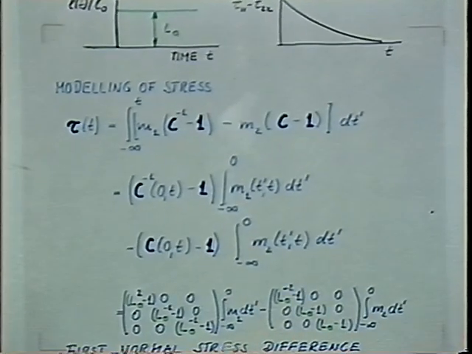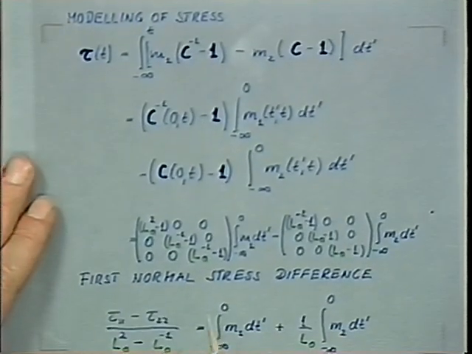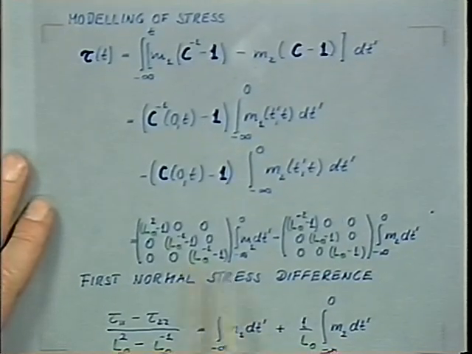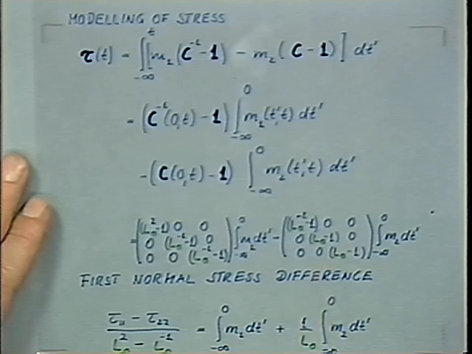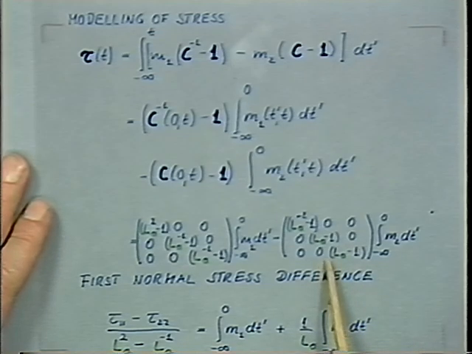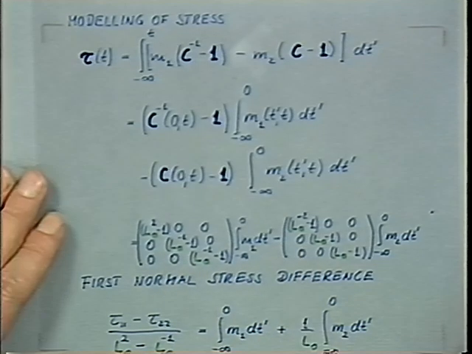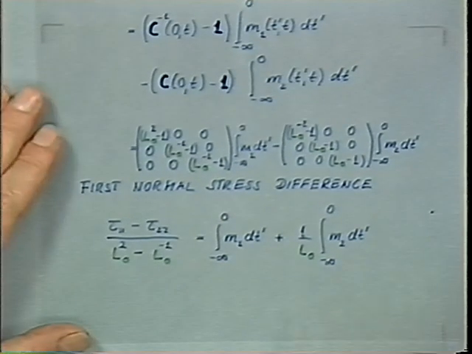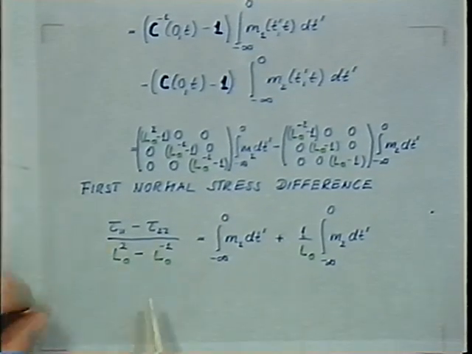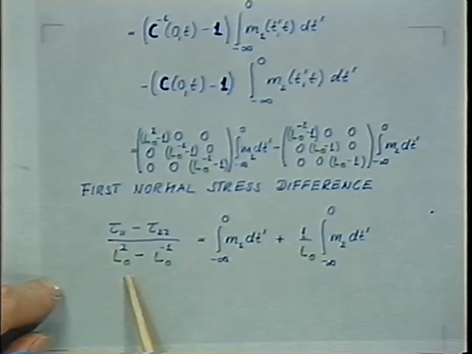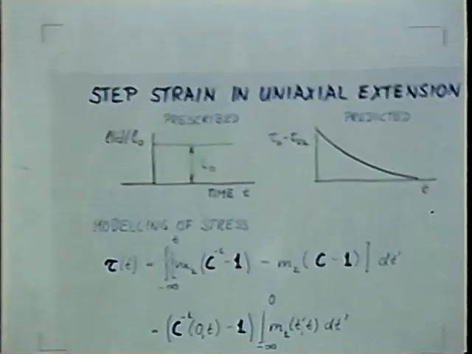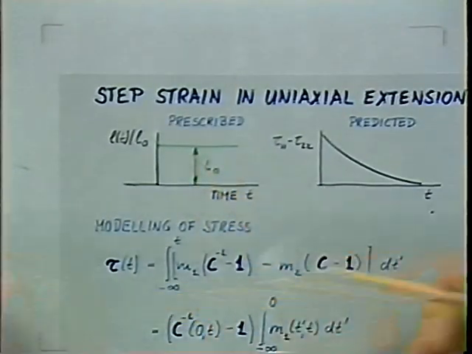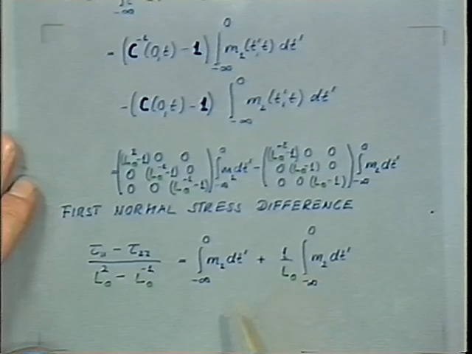We put in the components for the finger strain tensor in uniaxial extension, and the components for the Cauchy strain tensor in uniaxial extension. All of those we did in the initial part of the class, lecture 3 or so. And from that we calculate the first normal stress difference divided by the strain. Now the strain is coming in with L0 squared minus L0 minus 1. L0 is the step strain, the stretching which we put into the sample.